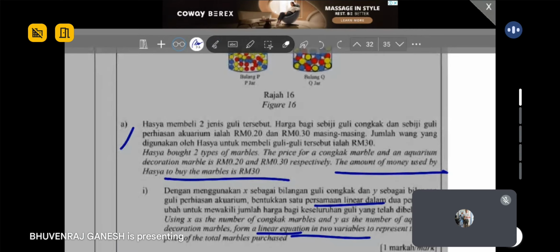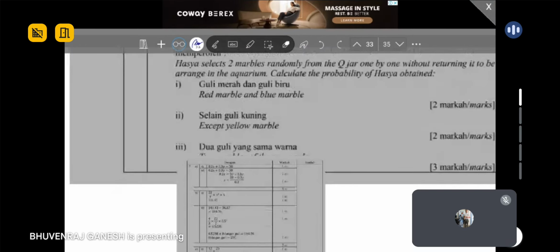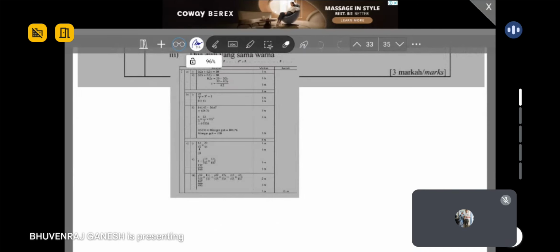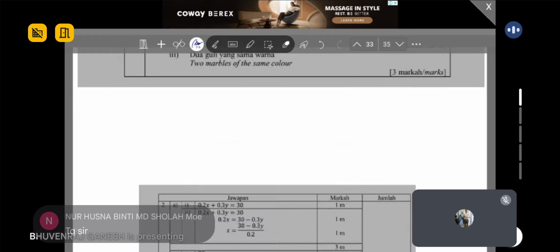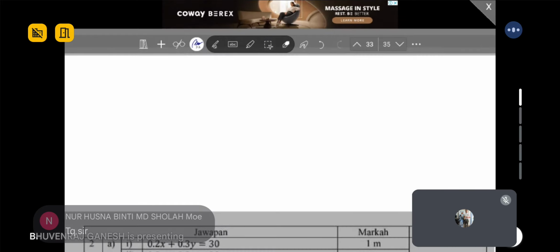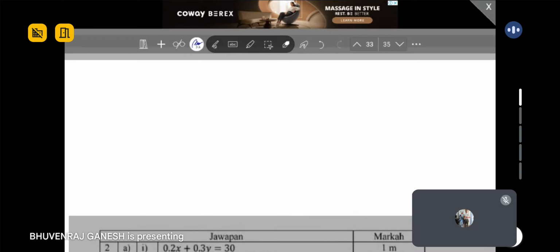Okay, so the answer is correct. You should get 0.2x plus, wait, I need to make this bigger. This is the type of question of 15 marks, guys. Ini adalah contoh soalan bahagian C. This is an example of a section C question I am discussing with you all. Somehow they actually put this under mathematical modeling also.